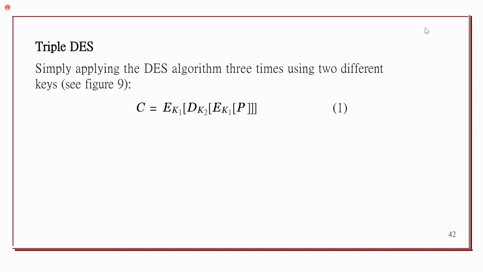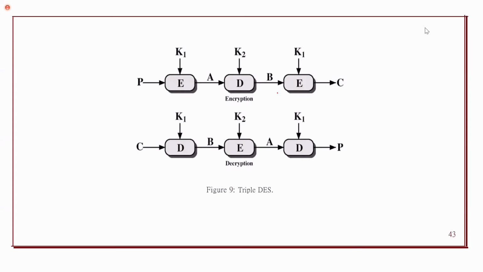In the last class we discussed triple DES, right? Simply performing encryption, then decryption, followed by encryption over the plain text. And this is the pictorial representation of triple DES.